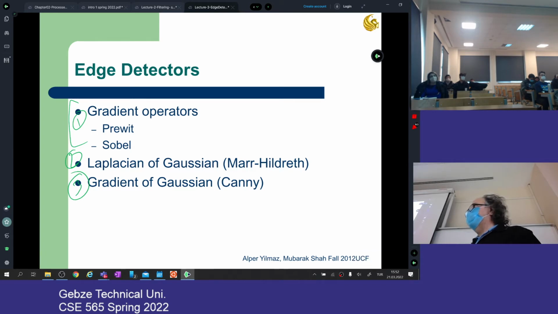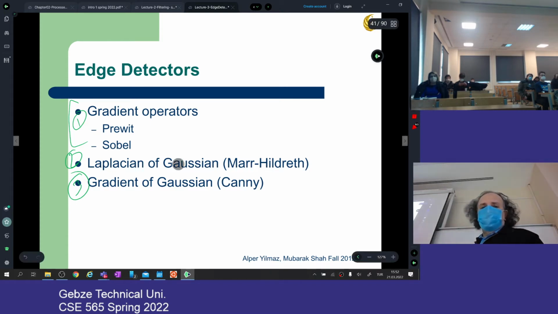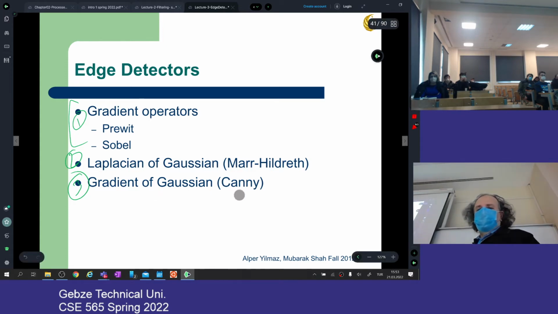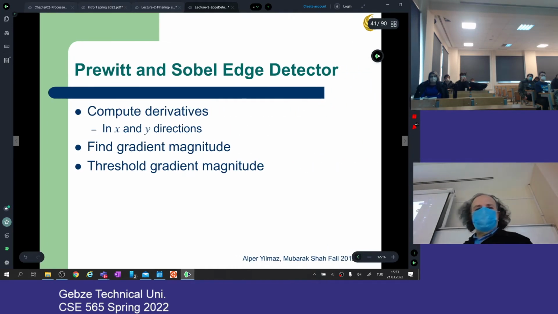You told me that I would take the second derivative of the image and look at the zero crossings of it. It's called Laplacian of Gaussian, and we are going to see it. The first one is directly apply some operators and do some processing after that, and the third one is kind of a mix of these two, maybe. You will see. Okay, let's get the first one.